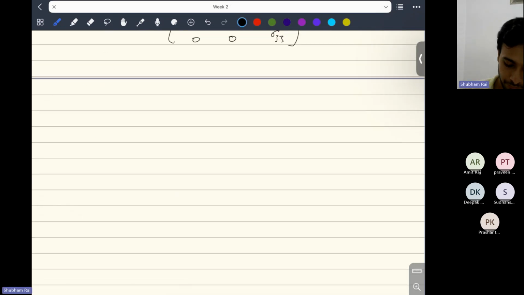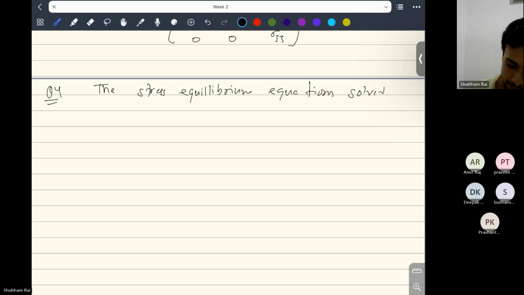So let's go to the next question. Question 4. It's related to stress equilibrium equations. So the stress equilibrium equations, when solved, what can they tell us?